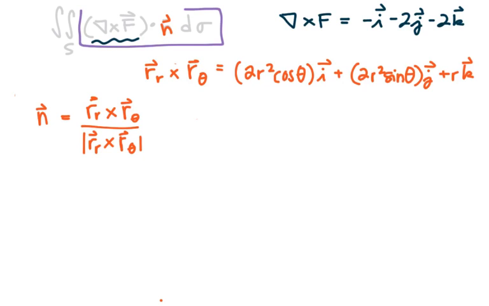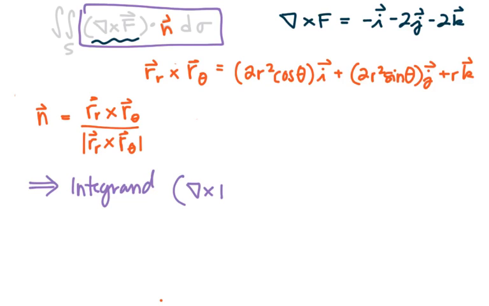Now let's look further in depth at this integrand that we're dealing with. So my integrand is going to be del cross F dotted with n, and then we've got d sigma. Now we're dealing with surface area for a parametrized surface.